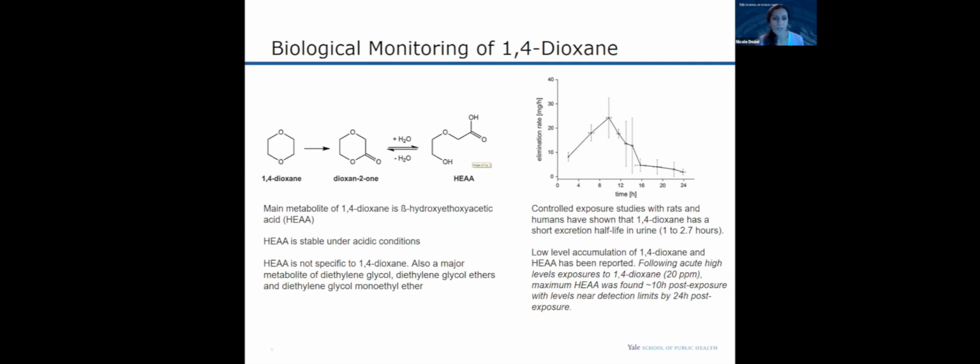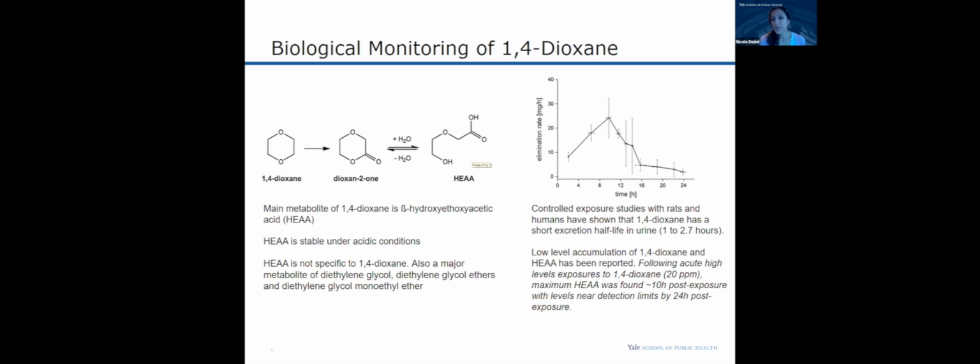It's also a metabolite of other contaminants like ethylene glycols and glycol ethers. So that is a concern that if we did measure this, we wouldn't be able to tie it specifically back to 1,4-dioxane exposure.